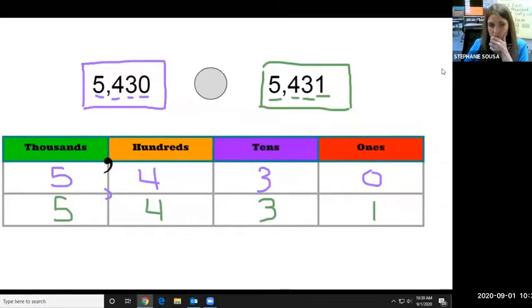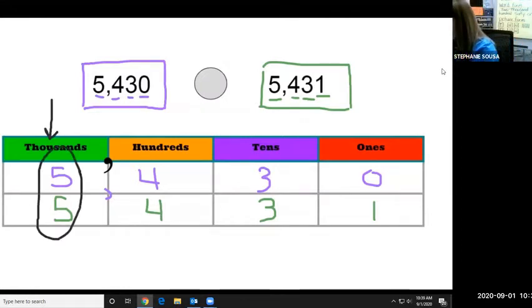Okay, and just like before, we're going to start comparing these numbers in our largest place value position. In this case, it is the thousands position. We're going to circle, take a look, and see that both numbers have 5 thousands. That does not help us determine which number is larger because it's the same.